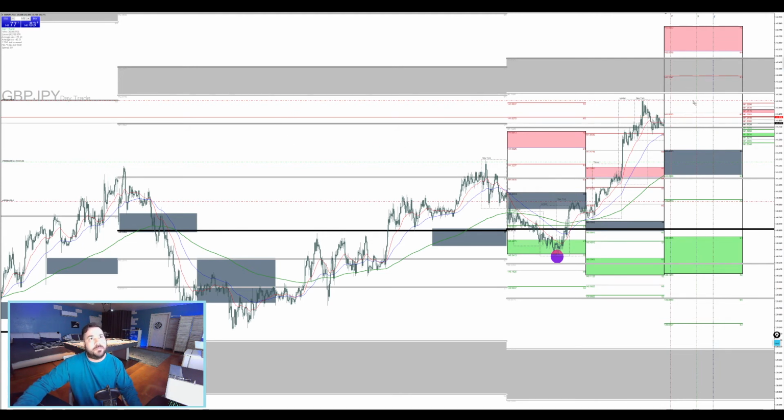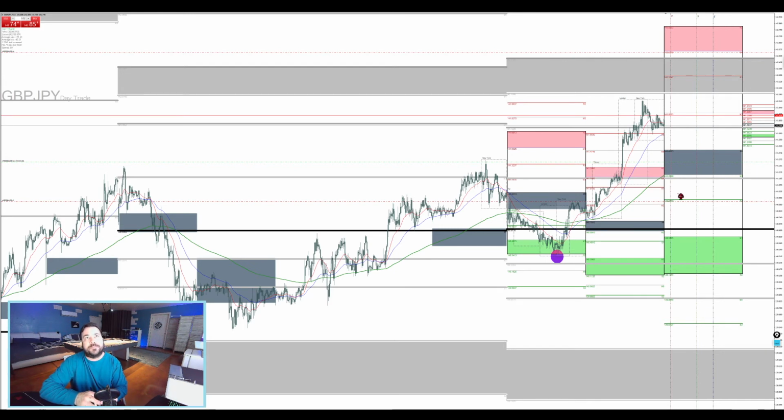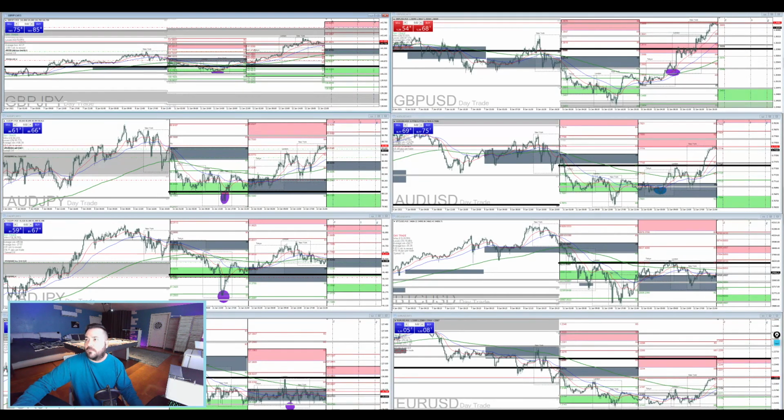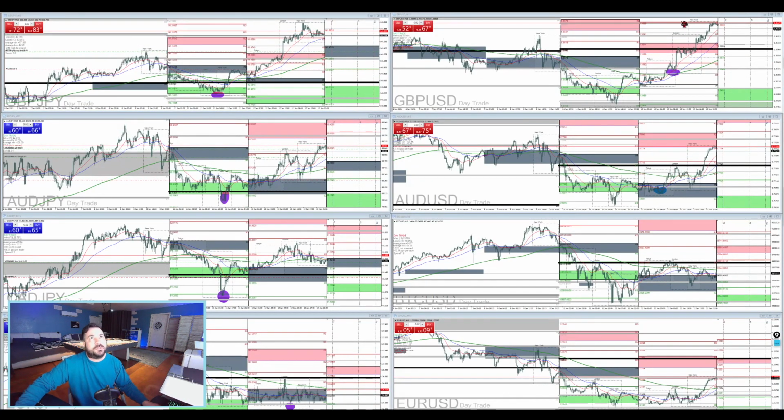This is a really small take profit zone compared to last week. All right, well, going midpoint gives me a half decent risk to reward. Okay, so my very next one on the list is going to be the pound US dollar.